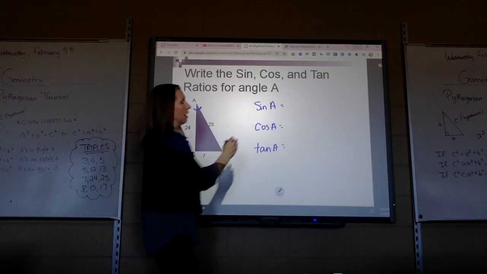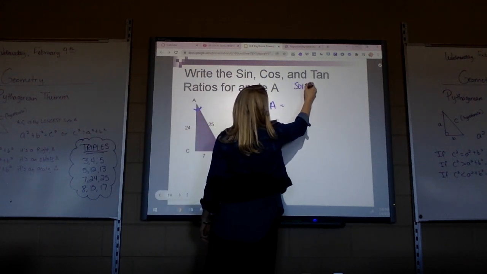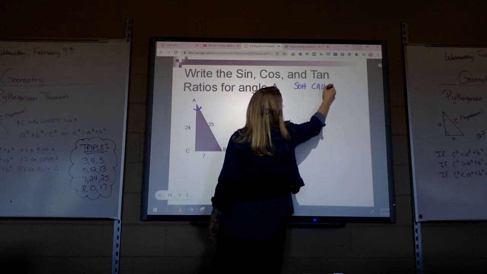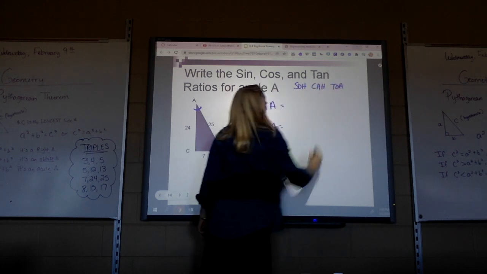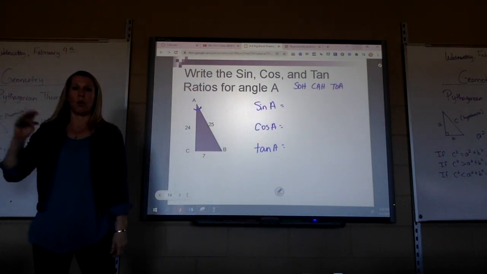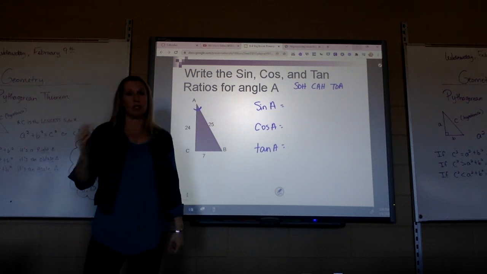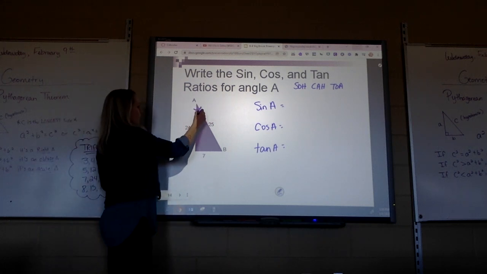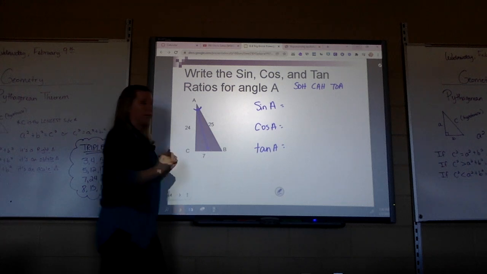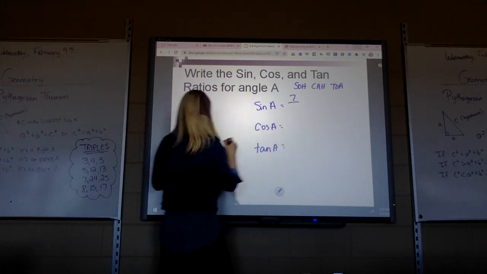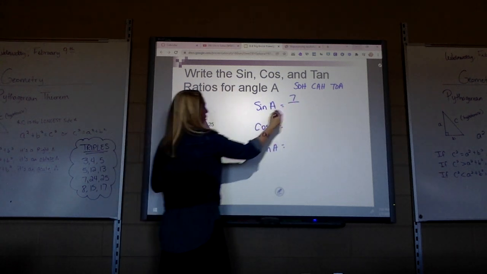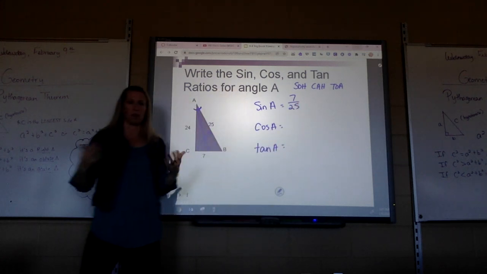So remember how to spell Sohcahtoa: some old hippie caught another hippie tripping on acid. Sine is O and H, which stands for opposite over hypotenuse. Opposite is 7. Hypotenuse is 25. So it's just 7 over 25.